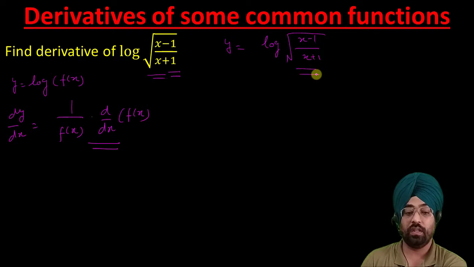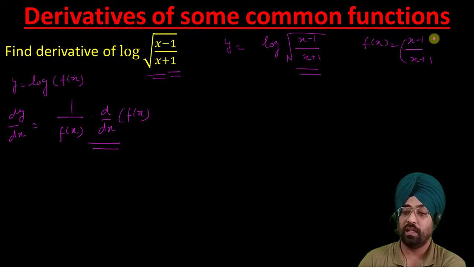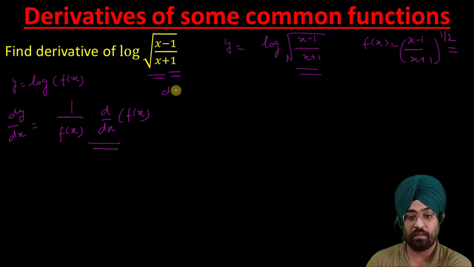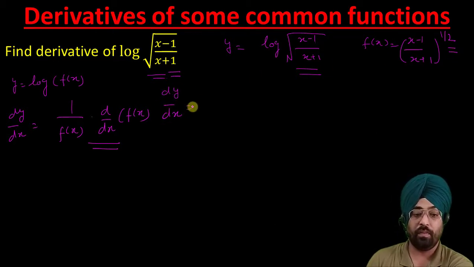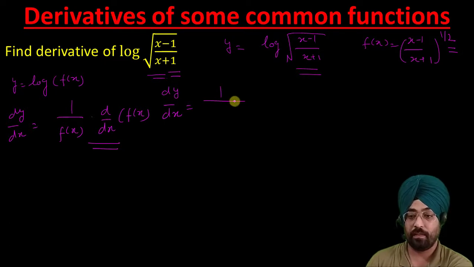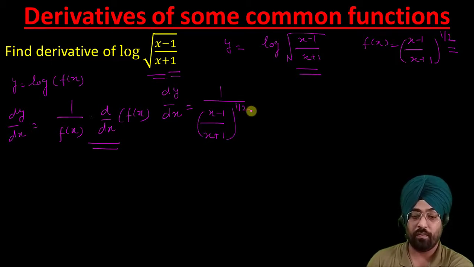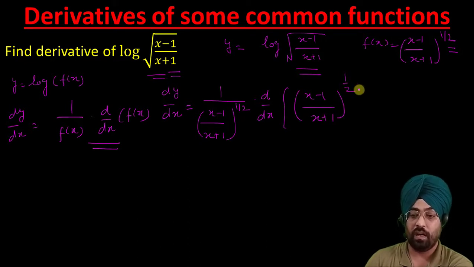So this is your function. f of x is (x minus 1 divided by x plus 1) raised to the power 1 by 2. So dy by dx will be 1 by f of x, times the derivative of f of x. That is, 1 upon (x minus 1 upon x plus 1) raised to the power half.